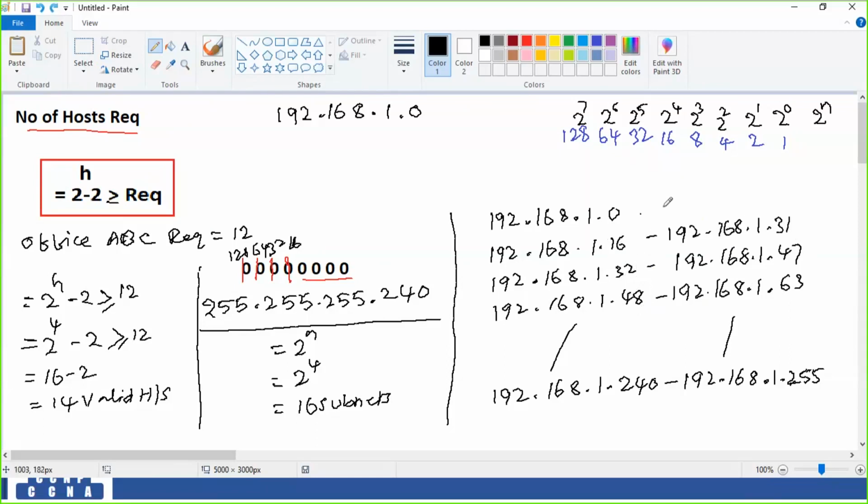Before 16 is 15. So first subnet, second subnet, third subnet, fourth subnet, up to the 16th subnet. We have 16 subnets. This is the network ID and this is the broadcast ID. So like this, we can understand the number of network requirement and number of host requirement.